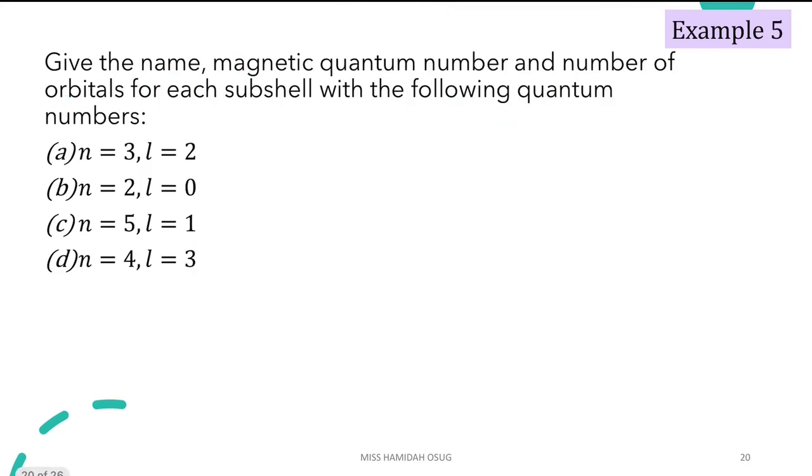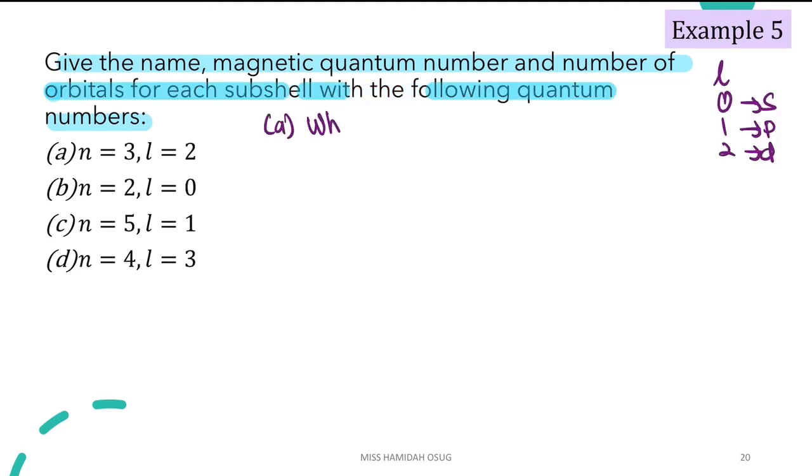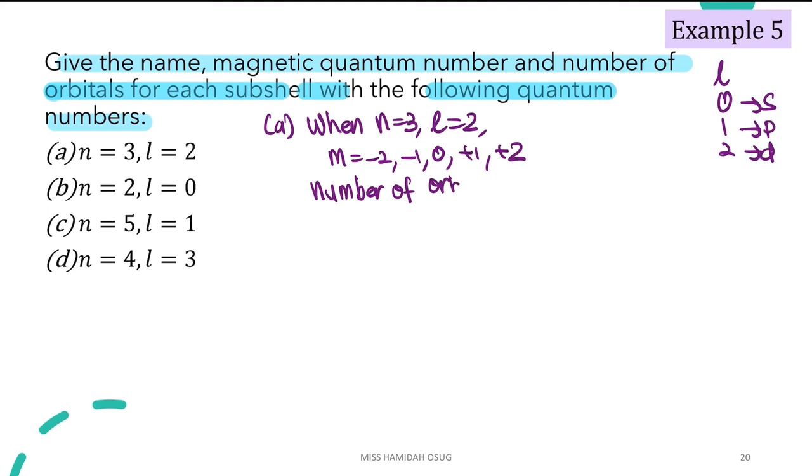Next, example 5, you are asked to give the name, magnetic quantum number m and the number of orbitals for each subshell with the following quantum numbers. For question A, when n is equal to 3, L is equal to 2, meaning to say the value of m should be -2, -1, 0, +1, and +2.